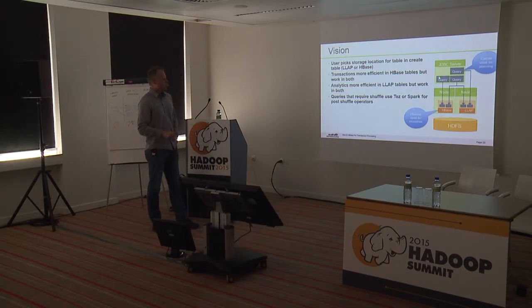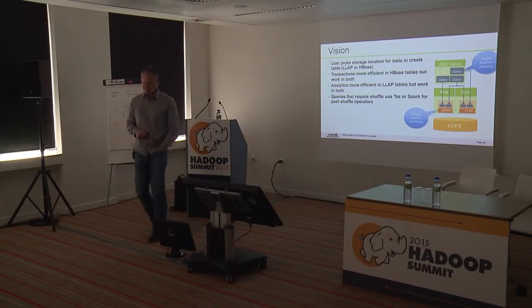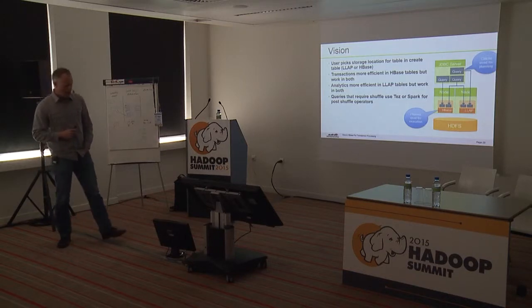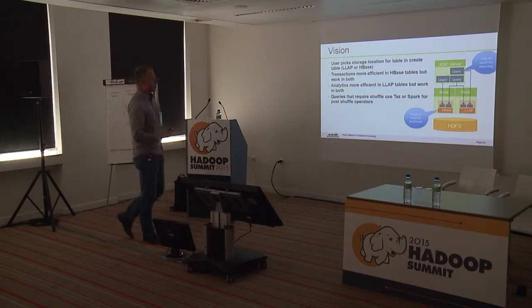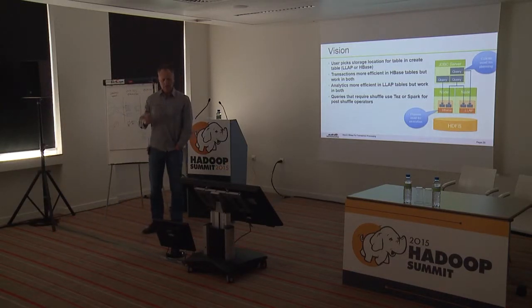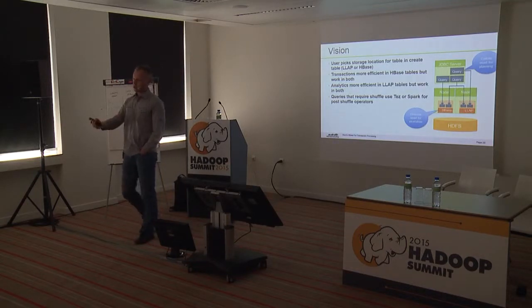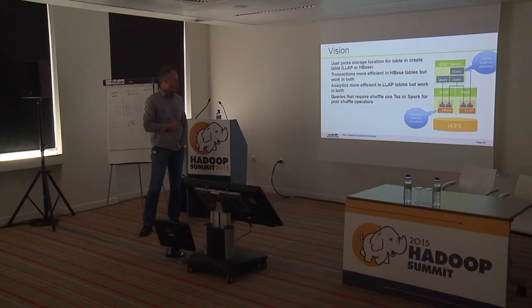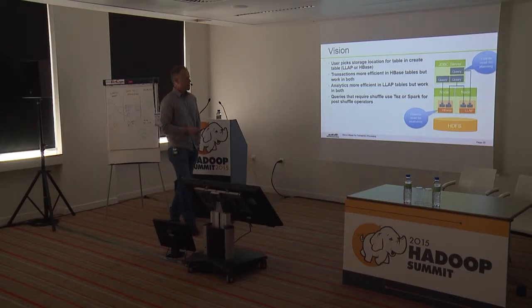So what if you saw the picture earlier where you had LLAP running on nodes? What if Hbase was another option there? What if when a user comes to Hive, he says, create a table, and I think this table is going to be transactional, so store it in Hbase, or I think this table is mostly analytic, so store it in LLAP, but that's the last time you have to worry about that, right?